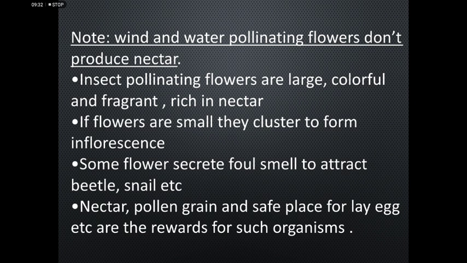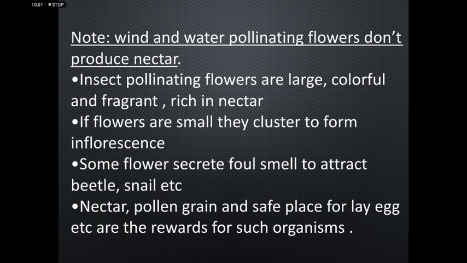For example, Ixora, Techi. Techi means Ixora is a small flower. For the attraction of insects, they join together to form a polycacial cyme inflorescence.